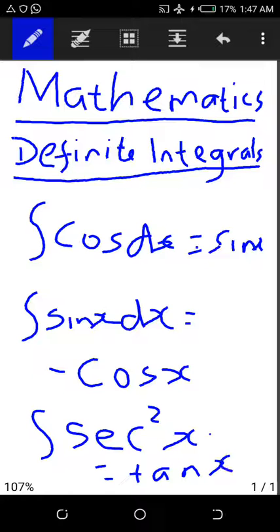x, and all that. So I gave you about 6 or 7 trigonometric functions that I gave you their integrals. But the basic ones are usually these that you have on the screen: cos, sine, and sec square x. But that does not mean that you cannot also have knowledge of the others.